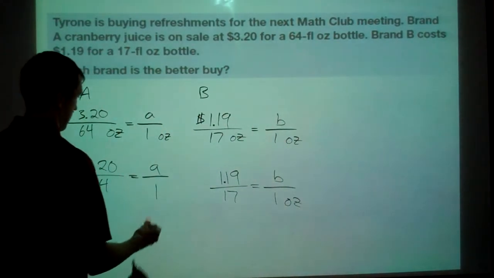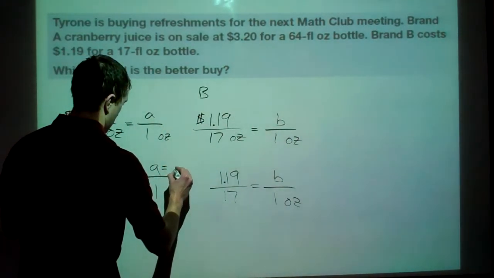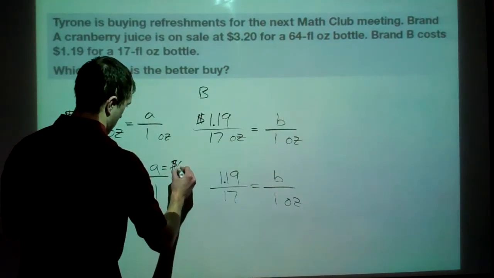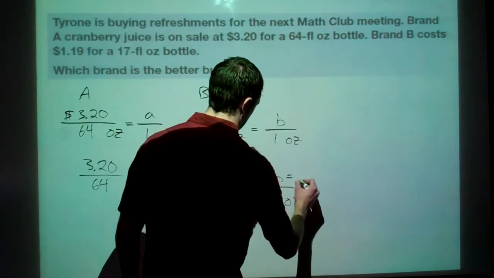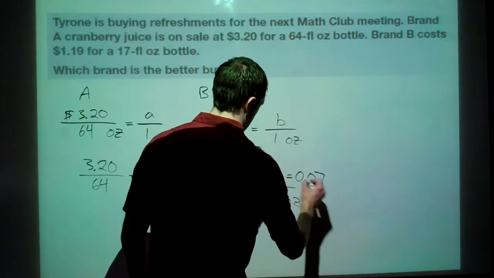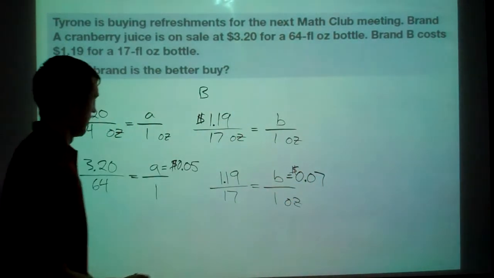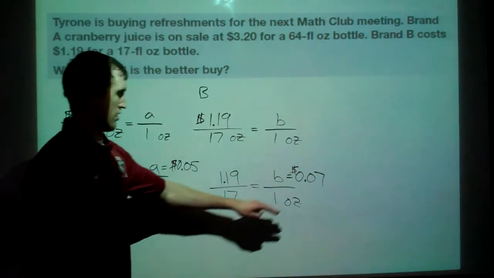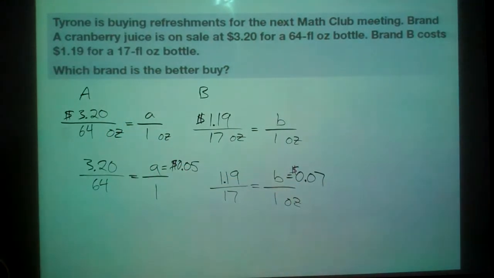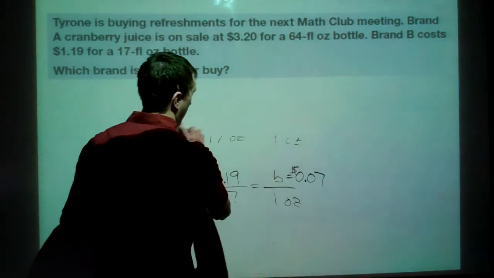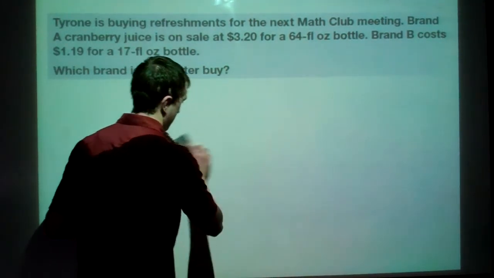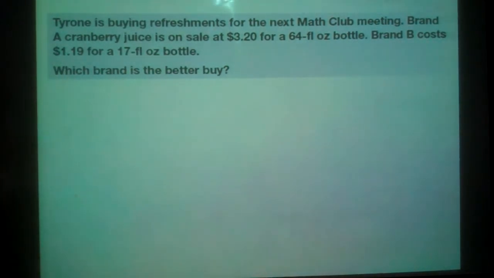So it looks like we would get 5 cents here, and we get 7 cents here per ounce. So 5 cents per ounce is better than 7 cents per ounce if we went through and solved those. It'd just be a cross multiply divide problem. All right, we'll be going over this for a couple days because it's kind of a new topic, and we'll go through a bunch more of it.